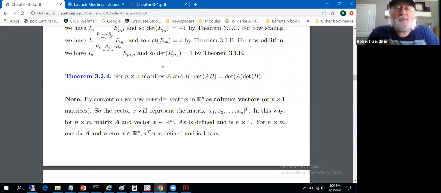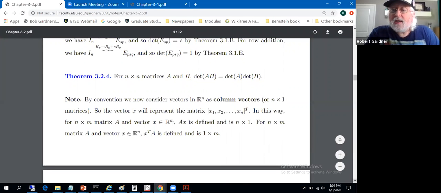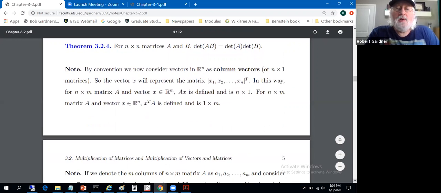And back to 3.2. Okay, a little comment. We're going to consider vectors in Rn as column vectors, or if you like, n by 1 matrices.